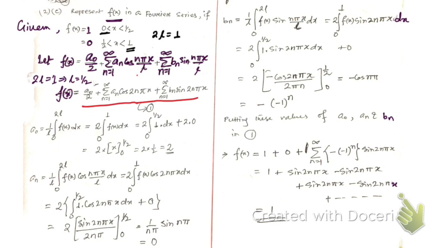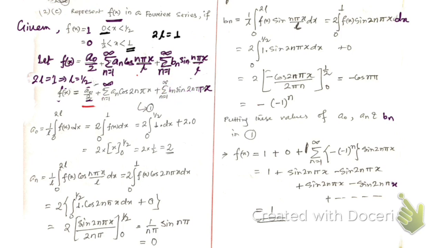Then what you're gonna have is a naught by 2 plus summation from n is equal to 1 to infinity of an cos twice n pi x, plus again summation from n is equal to 1 to infinity of bn sine twice n pi x. That is what we're gonna have, right?